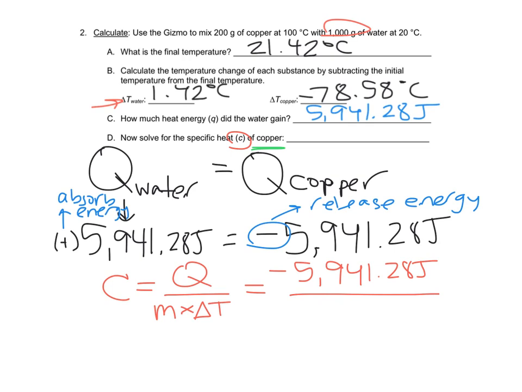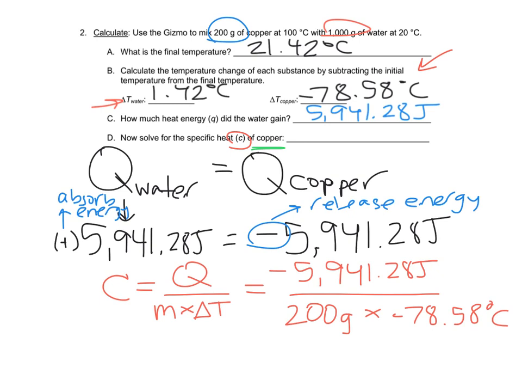Our mass of copper, going back up, is 200 grams. And our change in temperature is what we figured out up here, negative 78.58 degrees Celsius. You'll see we've got a negative divided by a negative, so in the end we get a positive number, which is good.